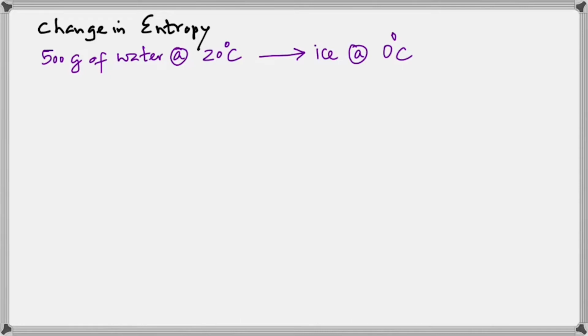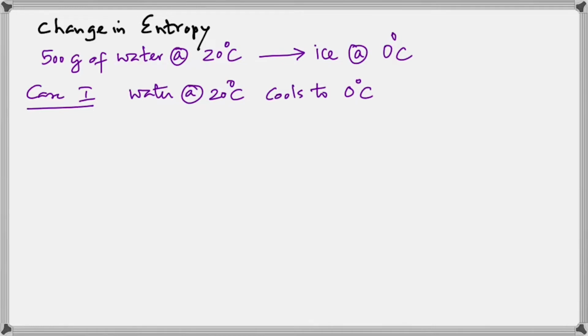So there are two formulas involved. For the first case, case 1, water at 20 degrees Celsius cools to 0 degrees Celsius. What is the formula for change in entropy? Q over T, the average temperature. Q over the average temperature.